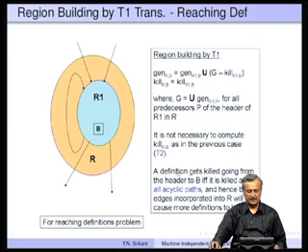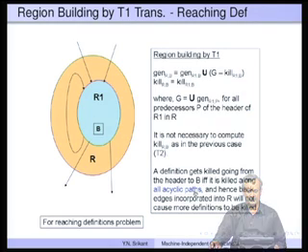Why? A definition gets killed going from the header to B if and only if it is killed along all acyclic paths, and hence back edges such as this incorporated into R will not cause more definitions to be killed.